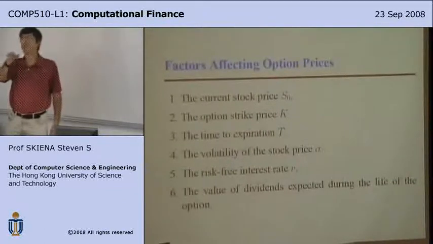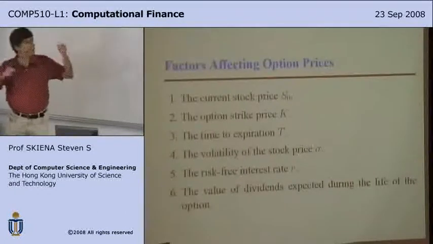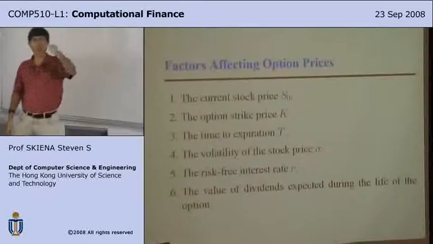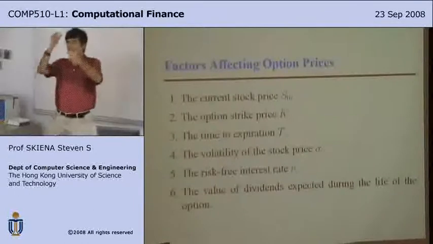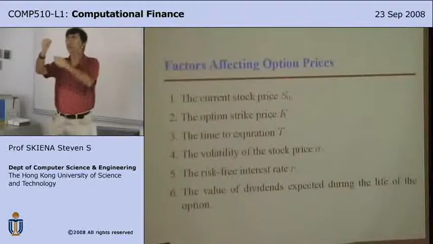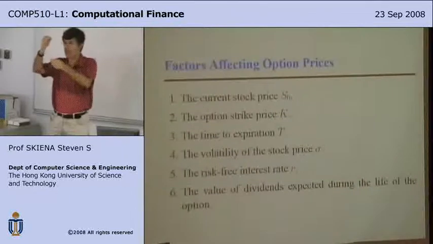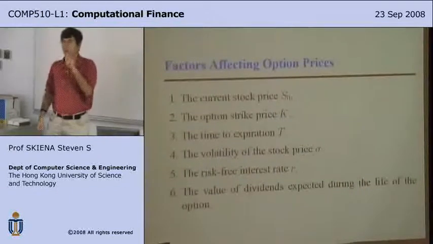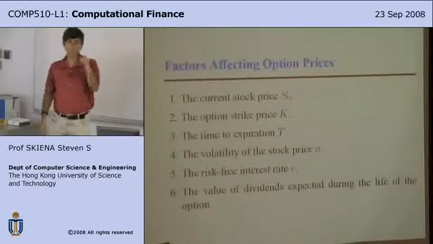It should be yes. Why? Because ultimately the difference between the price of the stock at expiration and the strike price is really the profit that comes from the option. Does that make sense?